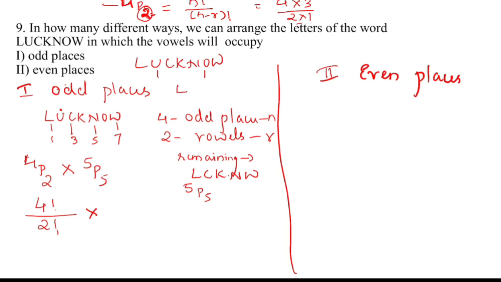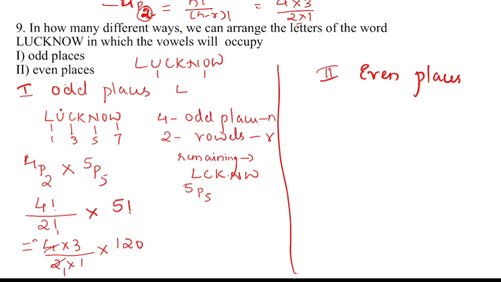Now into 5P5, which can be written as 5 factorial. So this is nothing but 4 into 3 divided by 2 into 1 into 5 factorial, whose value is 120.